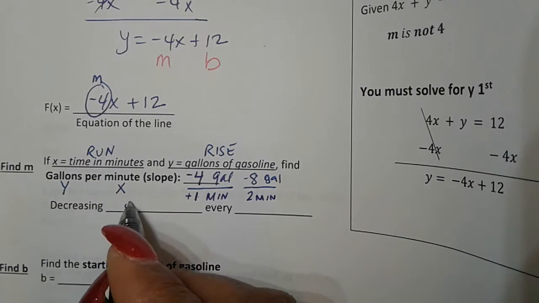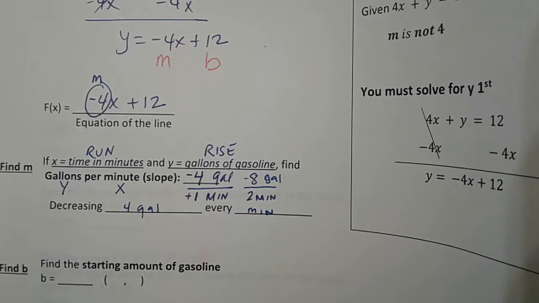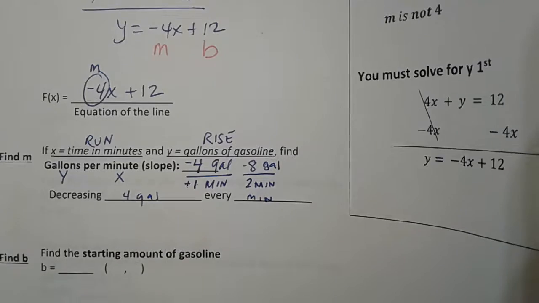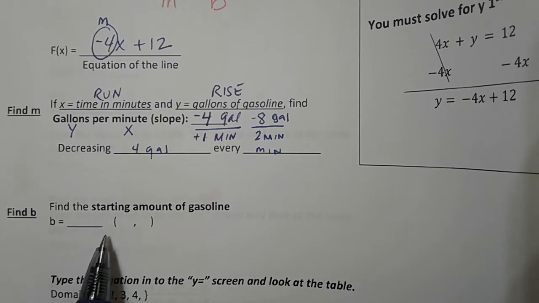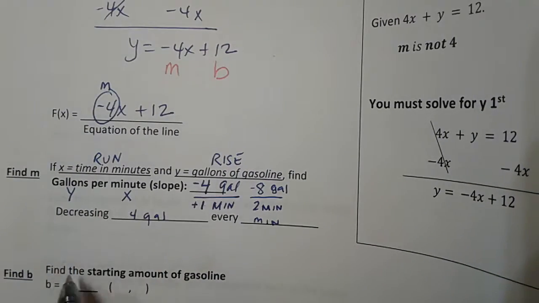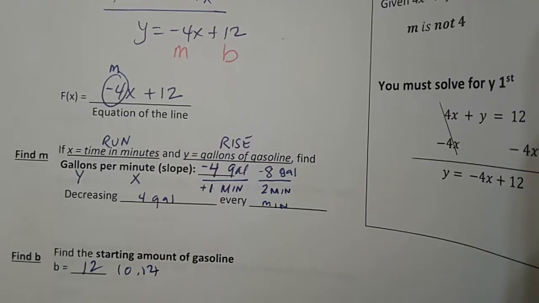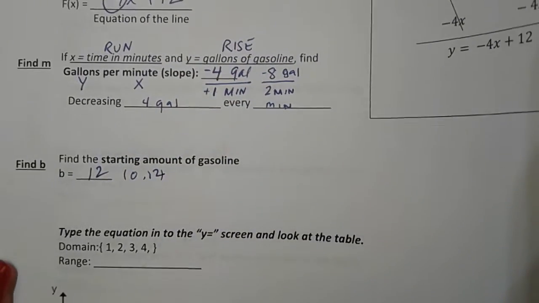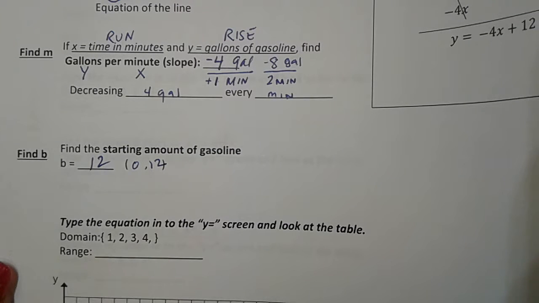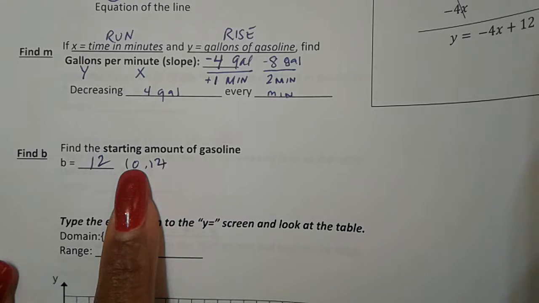So decreasing 4 gallons every 1 minute. The starting amount of gasoline in this problem would be the y-intercept, so that would be b, 12. I started with 12 gallons. 0, 12. Remember to put 0 because you're starting at 0, 12.